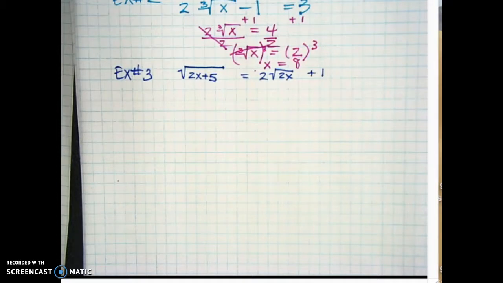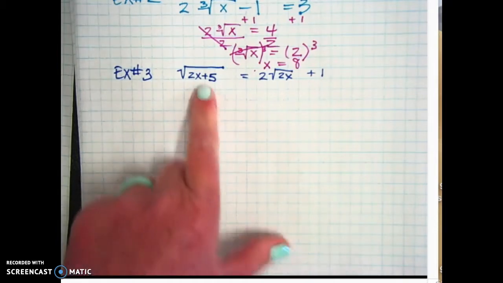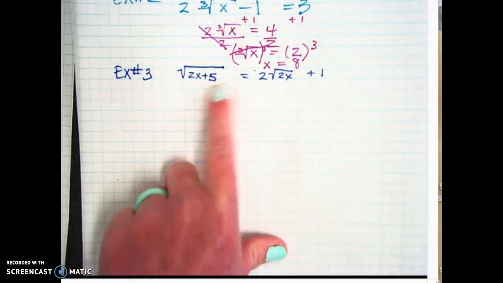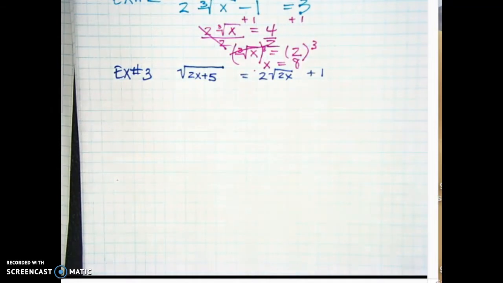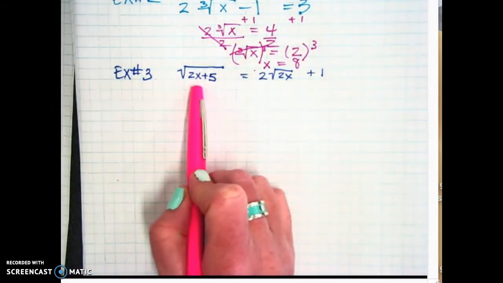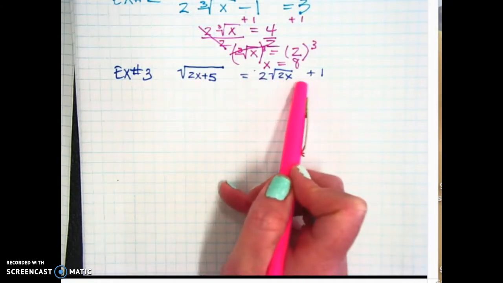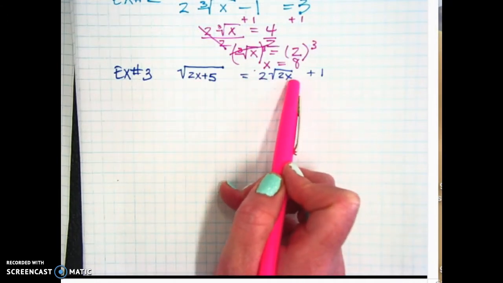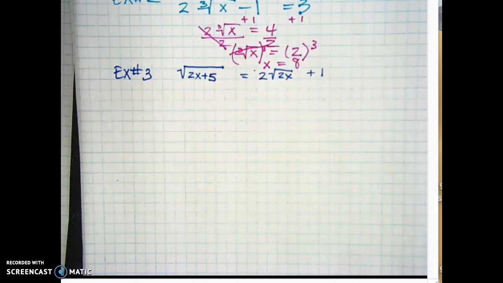You can tell right away it's going to be a little bit harder. Why? Because you've got square roots on both sides, okay? And you've got the variable on both sides. So you've got an x on the left side of the equal sign, and an x on the right side of the equal sign. Okay?